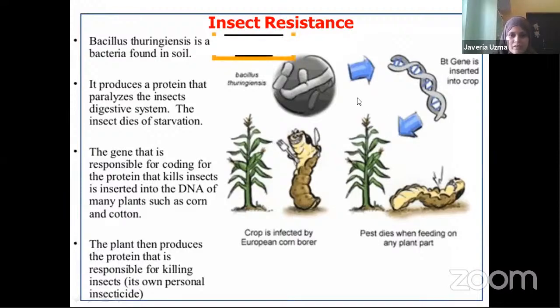Now when the gene is inserted, the plant will synthesize the protein that is responsible for killing insects. So it is its own personal insecticide. So from Bacillus thuringiensis, we are taking the Bt gene and introducing it into the plant. The pest dies when feeding on any plant part, because in all the plant cells this gene will be expressed. This is the insect resistant technology, which is helping most of the crop plants in the world.